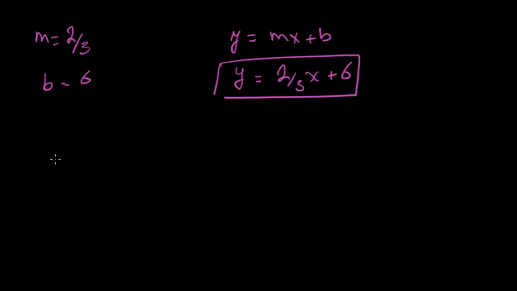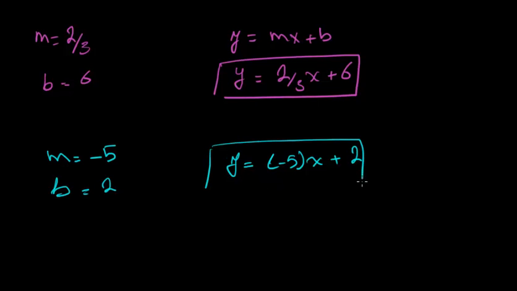Let's do another example. Let's say you are asked to write an equation of the line with slope of -5 and y-intercept of 2. So you would write y equals -5x plus 2, and this is your equation.